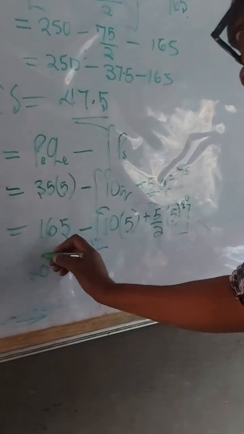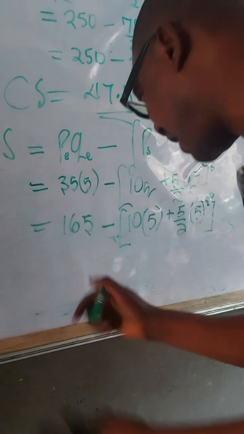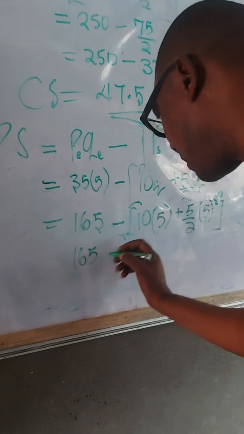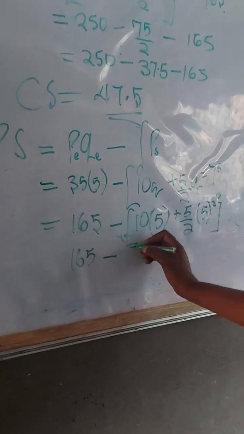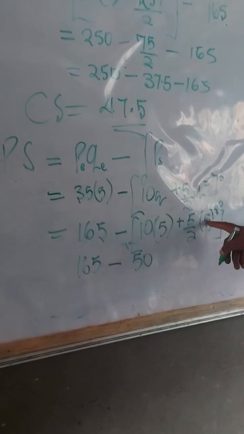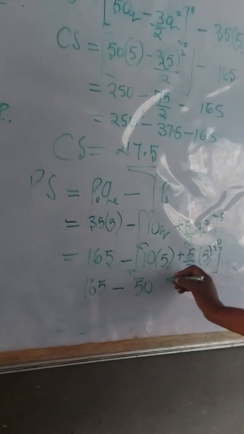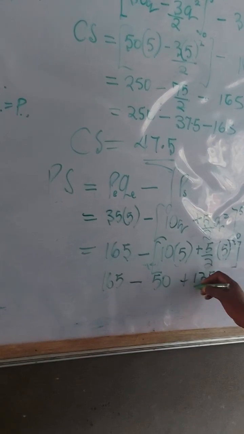So what do you have? 175 minus 50, then 25 times 5, that is 125, plus 125 divided by 2.